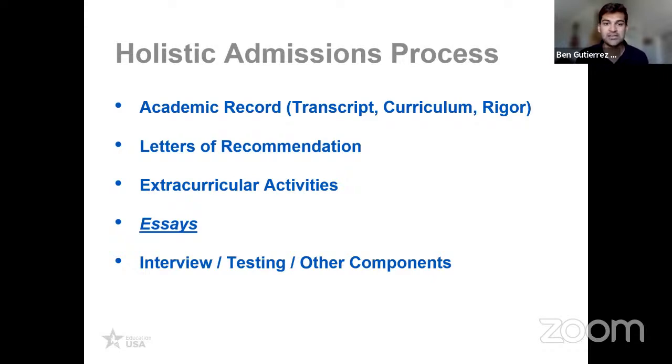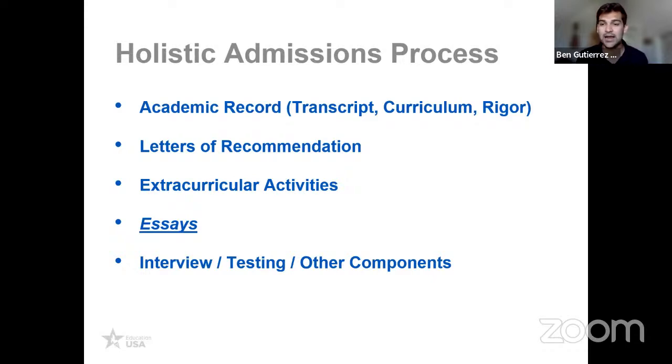Those areas include things like the letters of recommendation from your teachers, from your advisors, if you want to ask advisors at Education USA to recommend and advise you on your behalf. Typically, these are other ways to understand more about a student. The extracurricular activities as well.